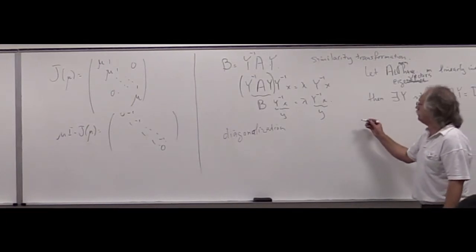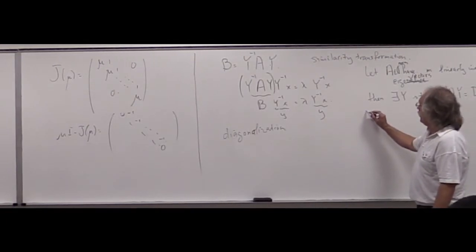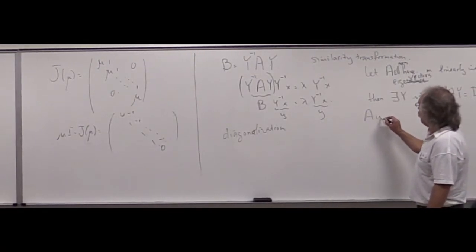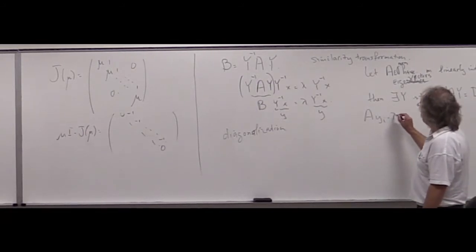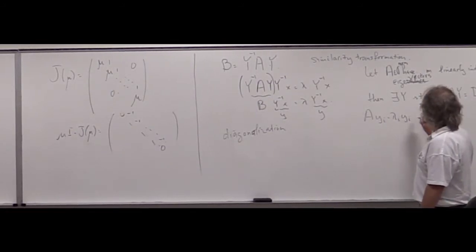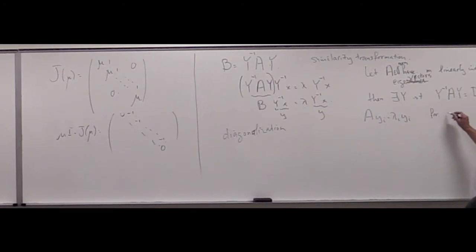What do we know? We know that A times y sub i is equal to lambda sub i y sub i for y sub 0 through y sub n minus 1, which are linearly independent.